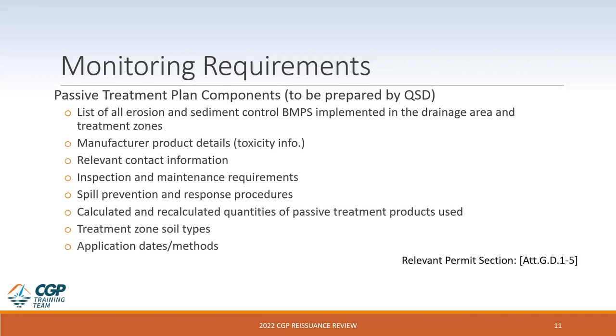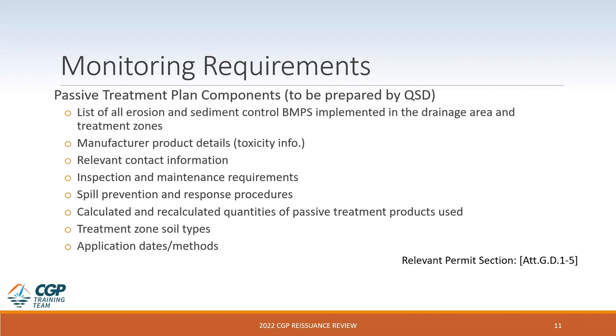Any relevant spill prevention and response procedures should be included, and then calculated and recalculated quantities of passive treatment products used. The recalculation is also a critical component. In some instances, for example, those blocks that I provided a photo of, they may release treatment chemical at different rates depending on temperature, pH of the water.